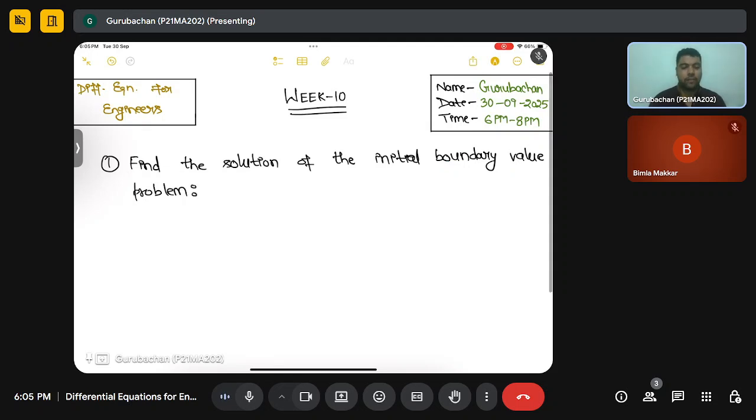So what is our given equation? It is the wave equation u_tt minus c square u_xx equal to 0.